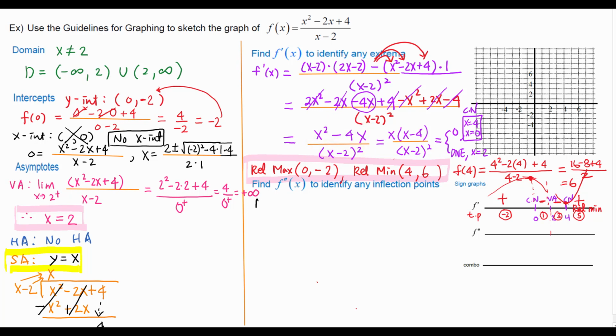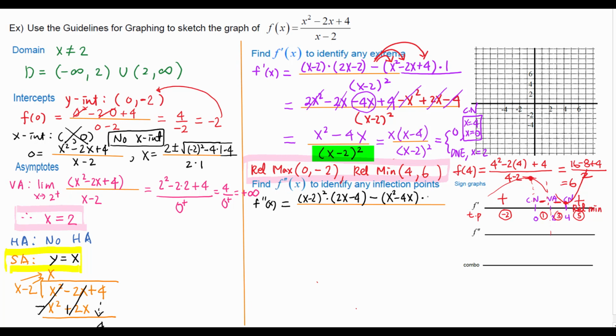So my f double prime of x is equal to low quantity x minus 2 squared times d high. Derivative of high is quantity 2x minus 4, minus high, which is x squared minus 4x, times d low.